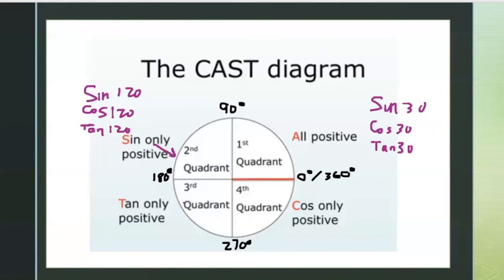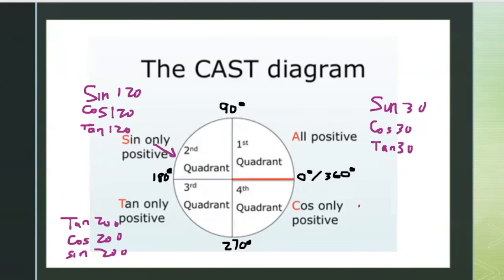In the third quadrant, tan alone will give me a positive value. Everything else will be negative. So I have tan 200, and that is positive. If I have cos 200, that will give me negative. And if I have sine 200, that will give me negative.